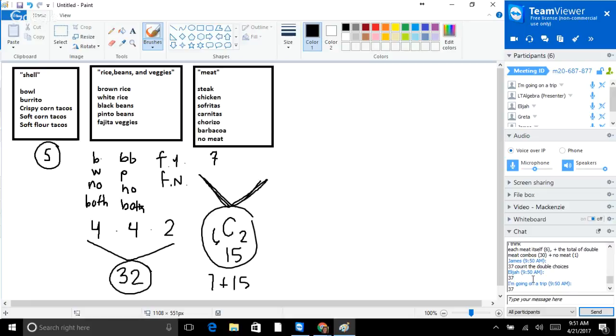Oh, so you're talking double meat. I didn't even count the double steak and all that. Yeah, each meat times each meat, that would be 36. That's even more. Yep.